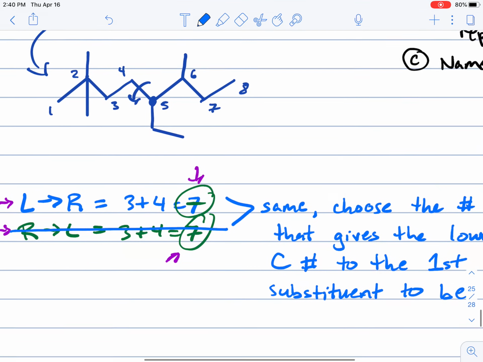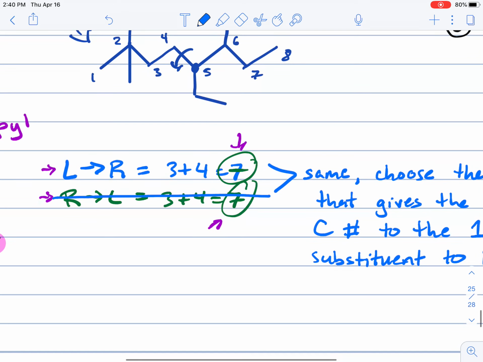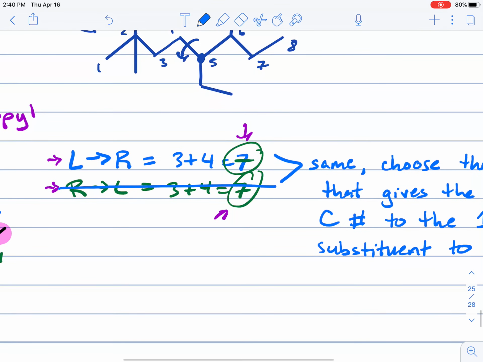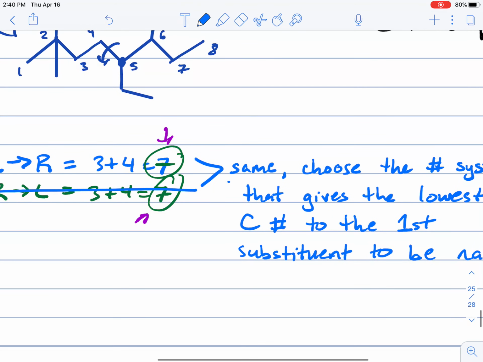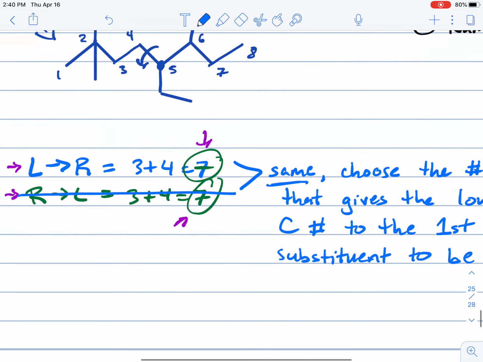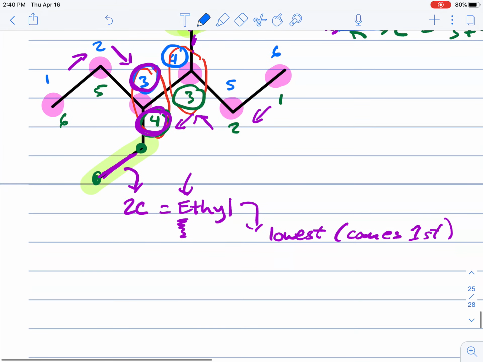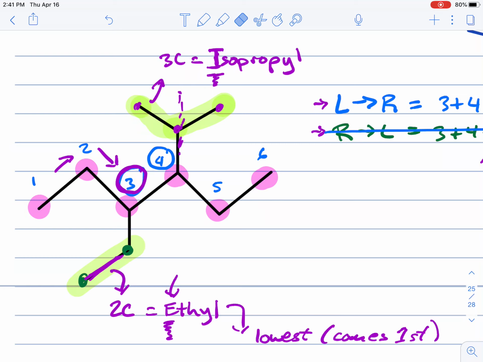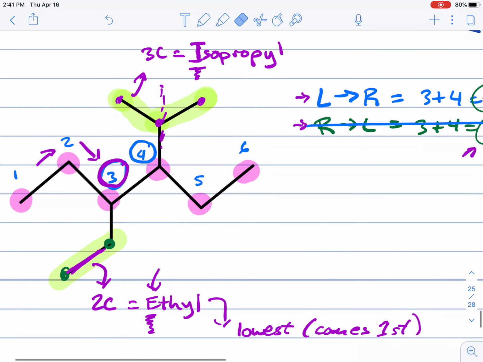All right, so we're looking at this new scenario where the sums of the numbering systems give us the same value. So what do we do then? If they're the same value, this is what you do. I'm going to start erasing the number system that doesn't belong. It also frees up all the scribbles.